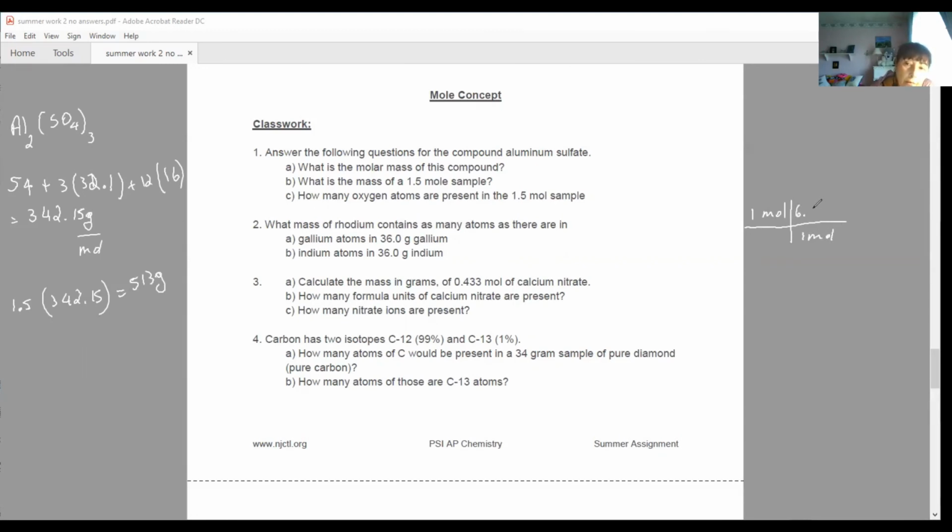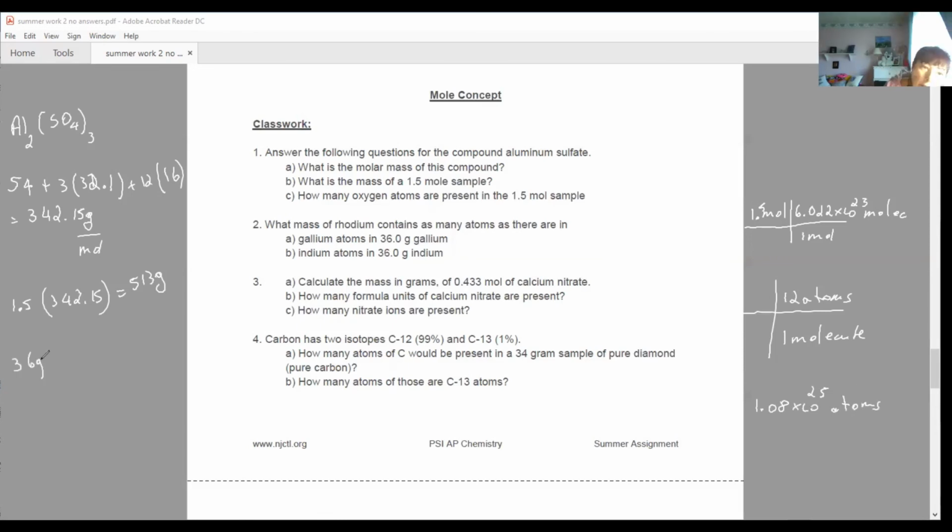We have 1.5 moles, and 1 mole contains 6.022 times 10 to the 23rd molecules. Then we keep going because they are asking for oxygen, so 1 molecule contains 12 atoms. And it should be 1.08 times 10 to the 25th atoms.